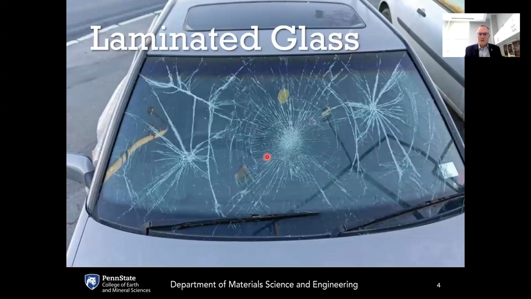Now, if we go to laminated glass, this shows an example of a laminated glass windshield. All windshields in automobiles are laminated glass, and this is for safety reasons. A couple of the things that you'll note here is that the glass, even though it's broken, doesn't have pieces of glass flying out.